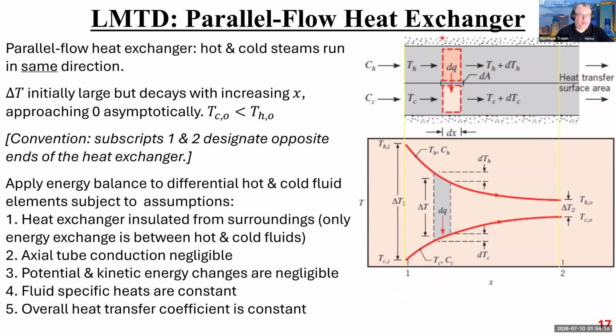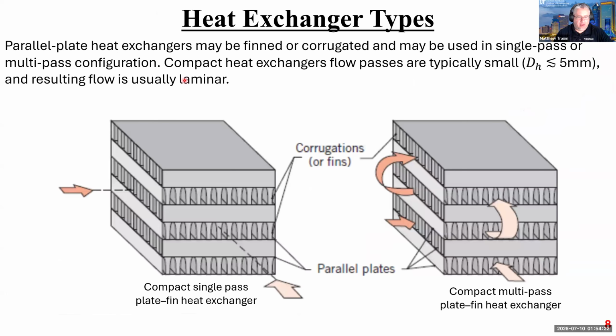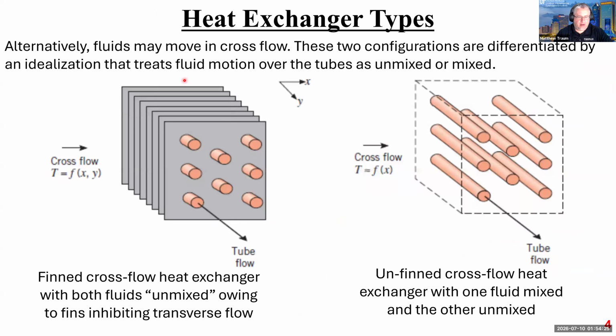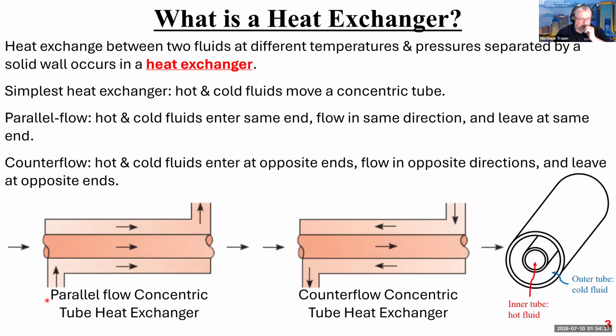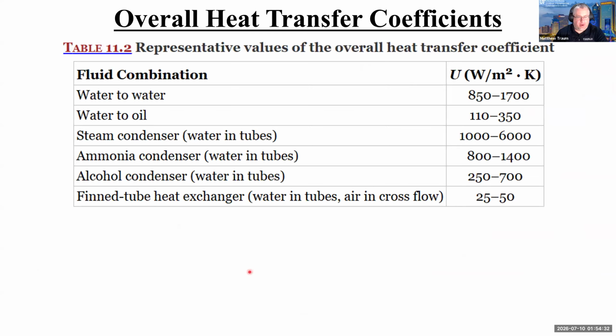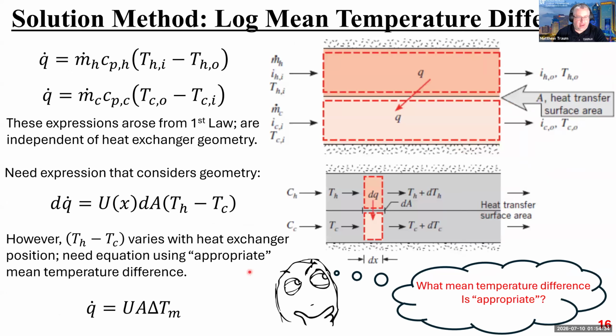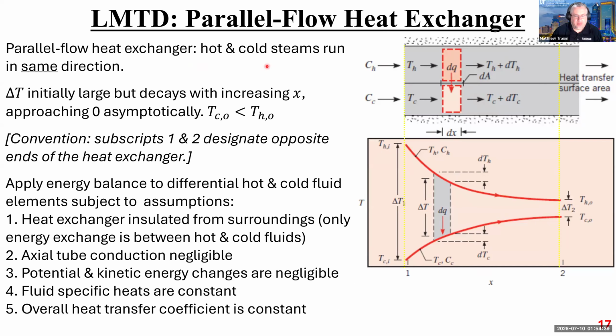In a parallel flow heat exchanger, we have our hot stream and our cold stream. As we talked about way back here, in a parallel flow concentric tube heat exchanger, the flow moves all in the same direction. So probably didn't need to go all the way back to show you that, but I felt excited to do that. Okay, so here we are. Everything is flowing in the same direction, and what this causes is initially a very, very large delta T. Why?